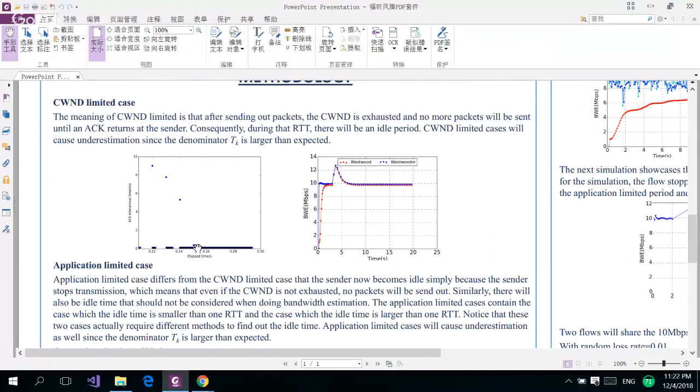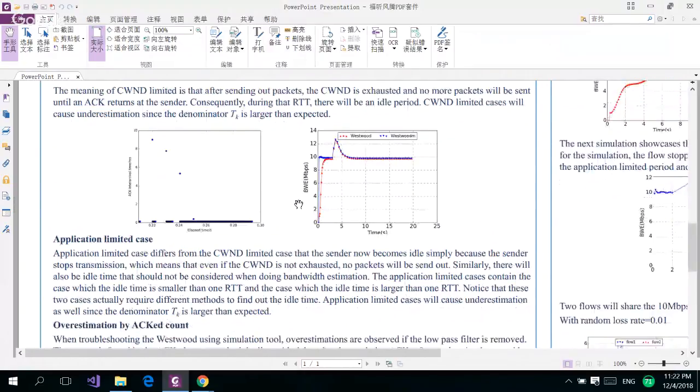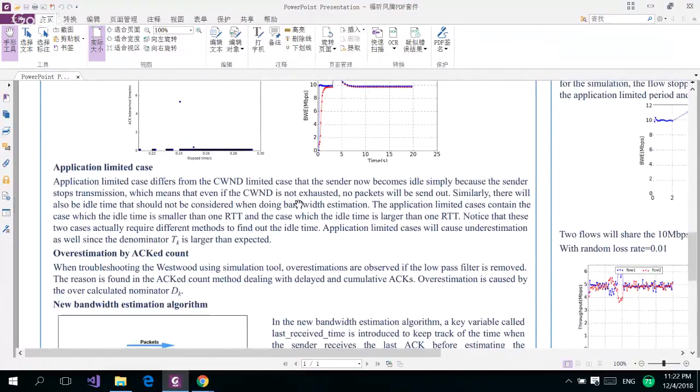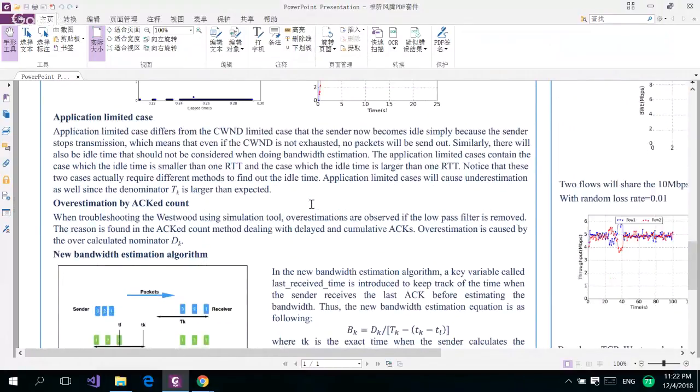This figure plots the inter-arrival time between two packets, and these outliers are actually the cwnd limit time. As for the application limit case, it differs from the cwnd limit case in that the sender now becomes idle simply because it stops transmission, which means that even if the congestion window is not exhausted, no packet will be sent out. Similarly, there will also be an idle period that should not be considered when doing the bandwidth estimation.